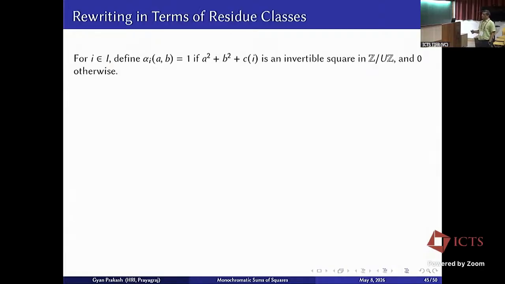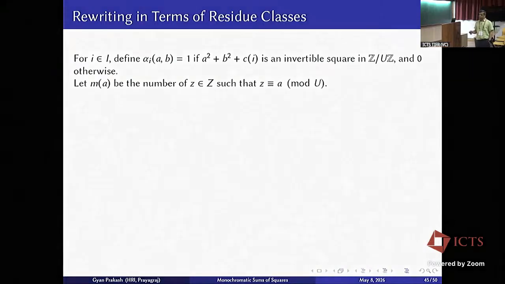So for i belonging to I, I define alpha_i(a,b) equal to 1 if a square plus b square plus Ci is an invertible square in Z mod uZ and 0 otherwise, and let M_a be the number of z belonging to Z such that z is congruent to a modulo u.